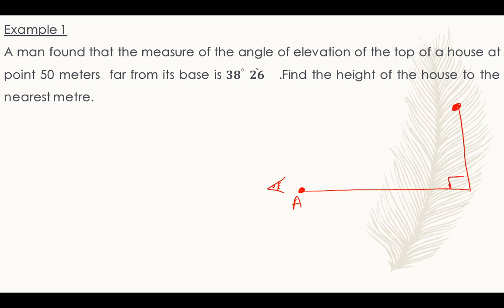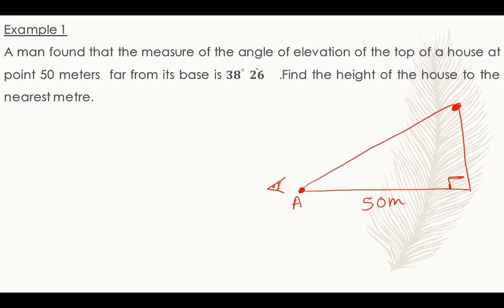The house makes an angle of measure 90 with the horizontal, and the distance between the man's eye and the base of the house is 50 meters.